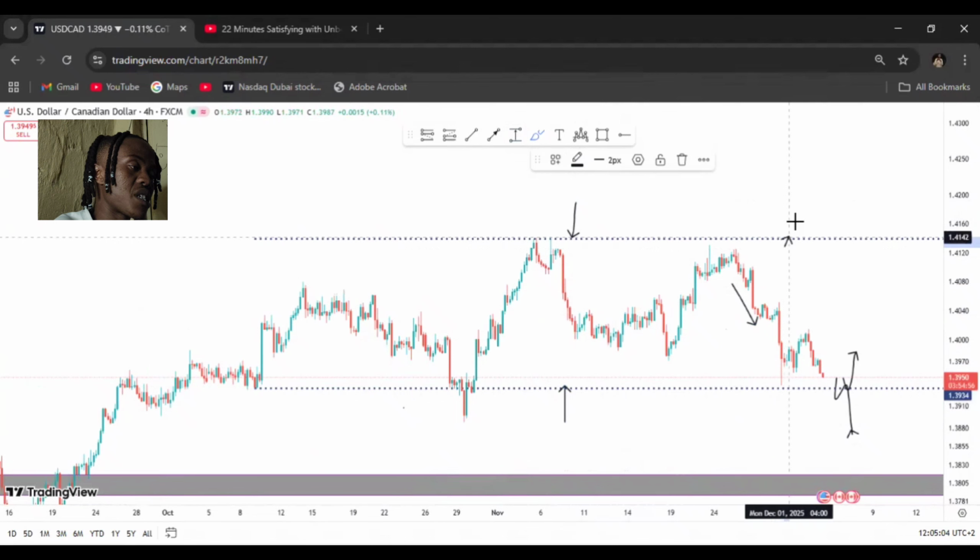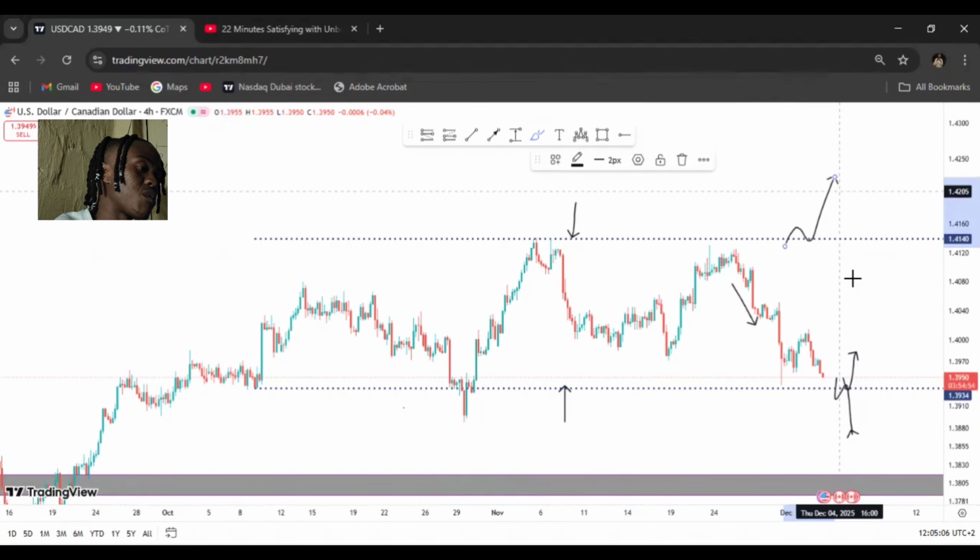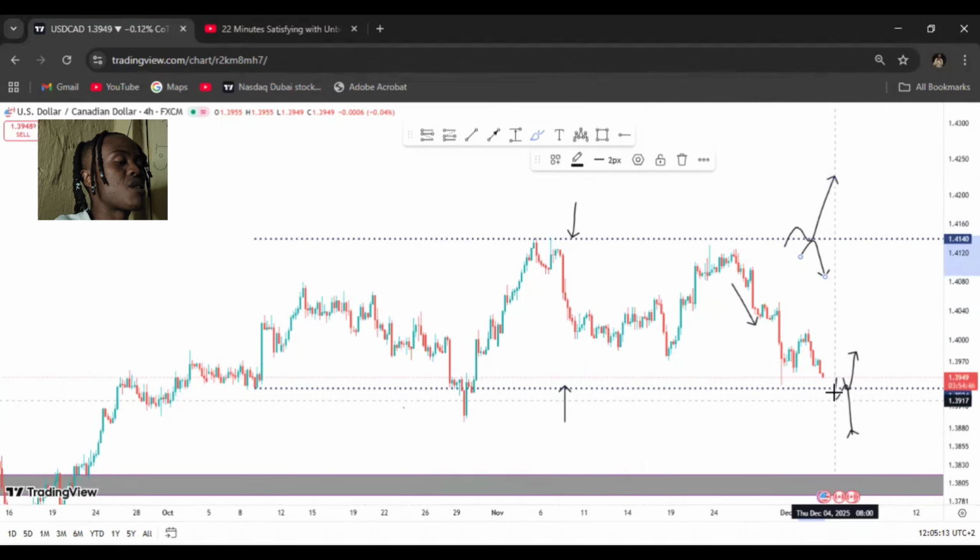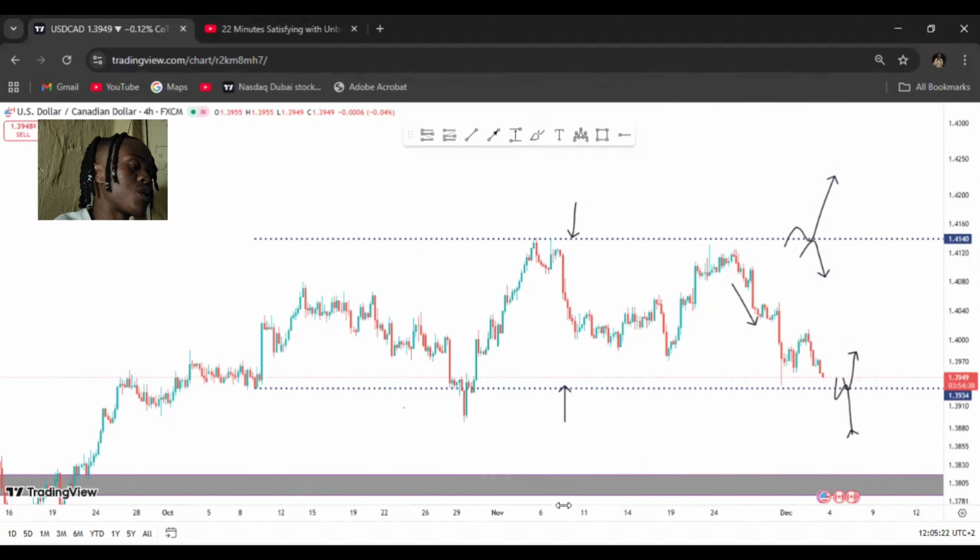Until price gives us a break above our very same highs, looking for possible new highs, then we look for that fail to break above to look for the move to the downside. Same thing on our lows: until price gives us a break below our lows, looking for possible new lows, then we look for that fail to break our lows, looking for a possible reversal to the upside. And that's what we're going to be focusing on.